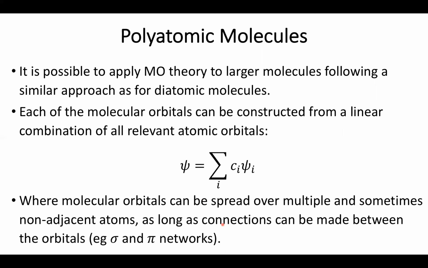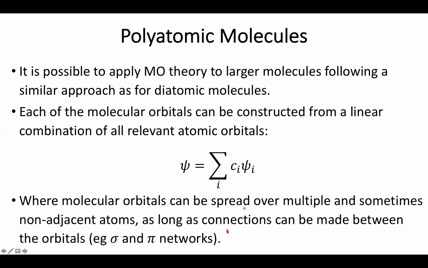So the classic example of this is sigma and pi networks. If I have two p orbitals, for them to be able to interact, say in a pi system, there has to be pi bonds going all the way through the entire molecule. And similarly, I can have a sigma network that can correspond over an entire molecule.